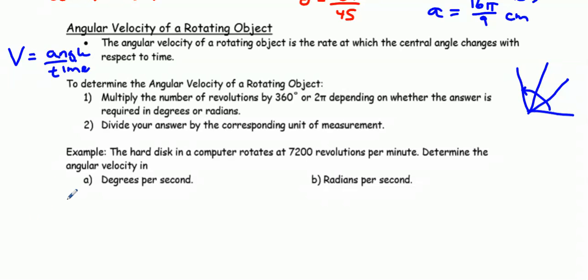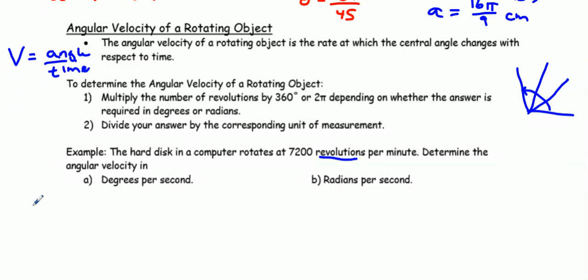Okay, so the hard disk in a computer rotates at 7,200 revolutions per minute. So this is giving the revolutions per minute and not the degrees per second. So we have to change it from revolutions per minute to degrees per second.